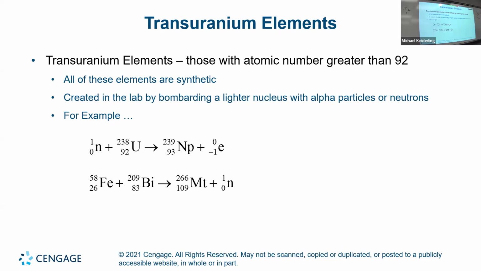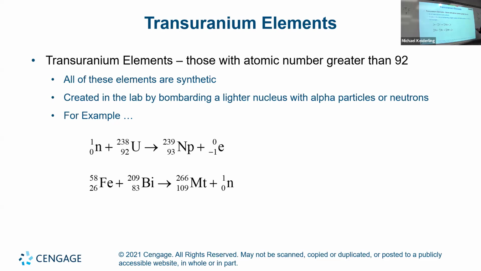But there's actually a tiny amount of plutonium created naturally in uranium deposits by nuclear reactions. But generally we get plutonium, and anything past 92, by bombarding elements with a lighter nucleus with alpha particles and neutrons, or sometimes even heavier ones.